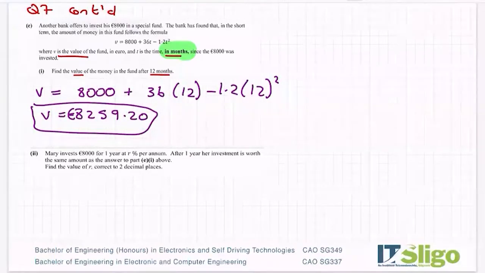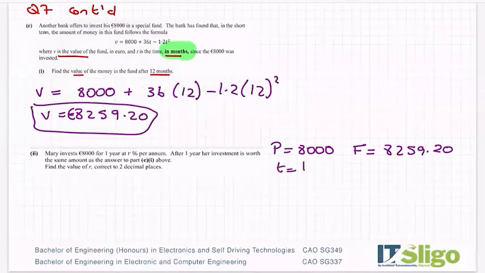So a couple of ways you can do this. Again, either way, our principal amount is 8,000. After 1 year, the final amount is worth the same amount as above, so 8259.20. I have 1 year and I need to find my interest rate.